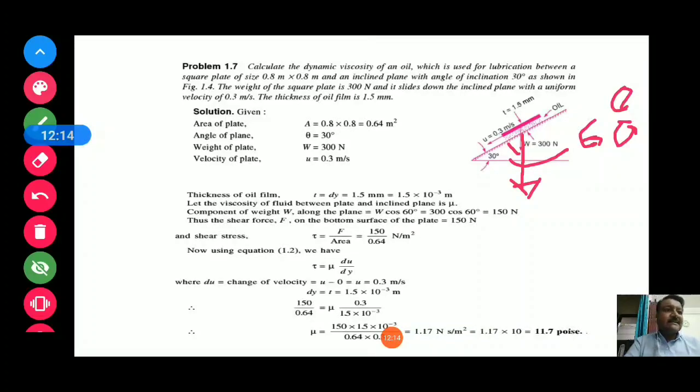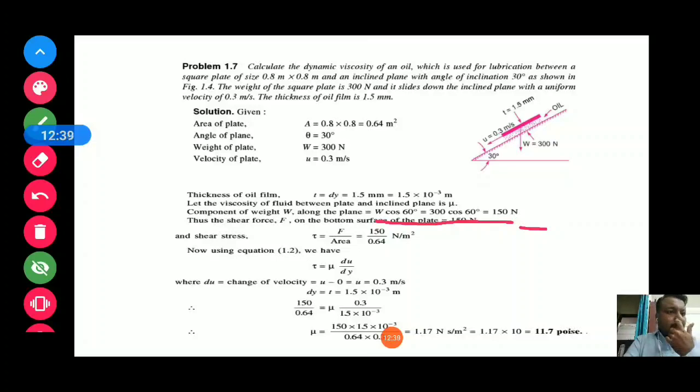So you can find the component of the weight along the plane, which is equal to W cos 60 degree. W is 300 Newton, cos 60 degree, so that is 150 Newton. So 150 Newton is your weight component along the plane, along the plane at an angle of 30 degree.